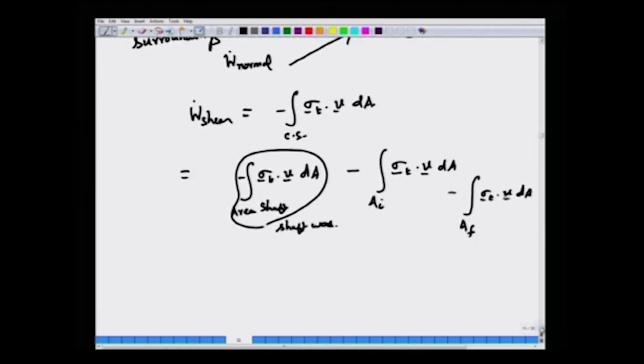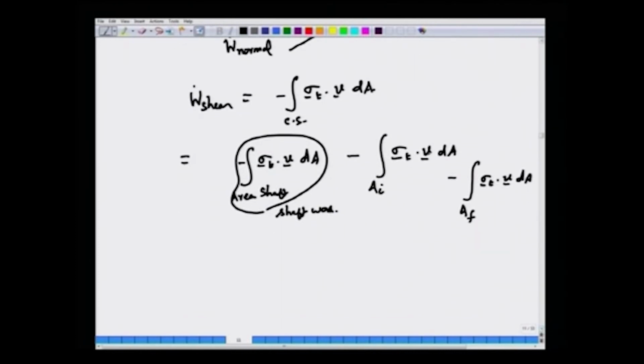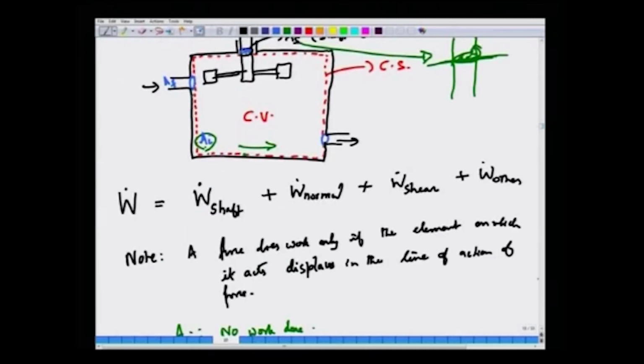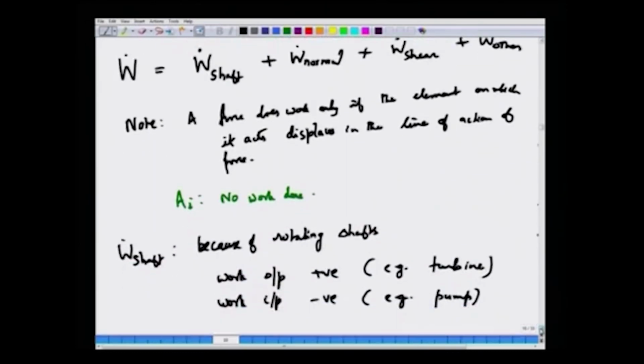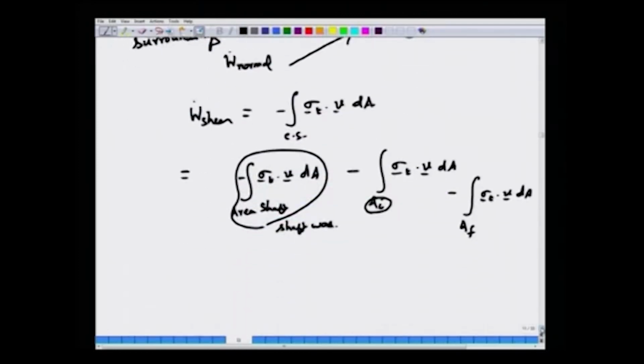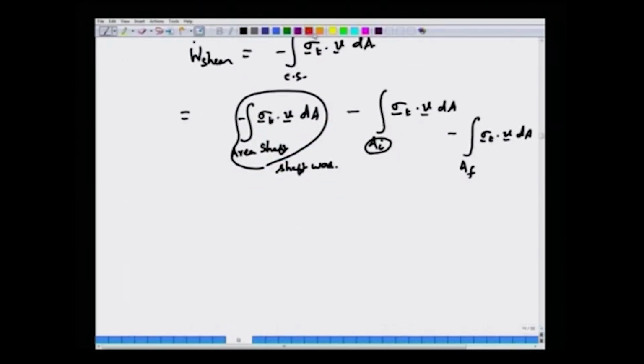Now, over the entire internal area surface, if you look at the general figure that we drew, velocity is 0 because the fluid is stationary. So, even though there is a stress acting, there is no work done because the velocity is identically 0. So, this drops out. This was already taken into account as shaft work, W dot shaft.